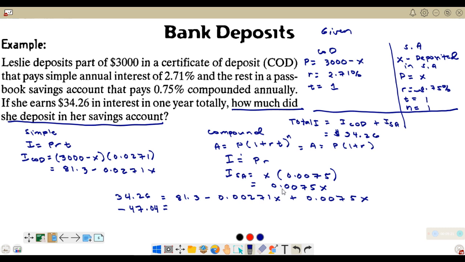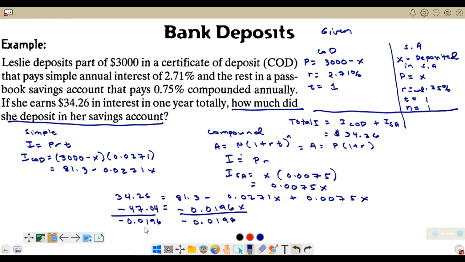Tapos dito naman, kunin natin yung difference nila. 0.0075 minus 0.0271. So, this is negative 0.0196x, of course. So, divide both sides by negative 0.0196, you will get the value of x.